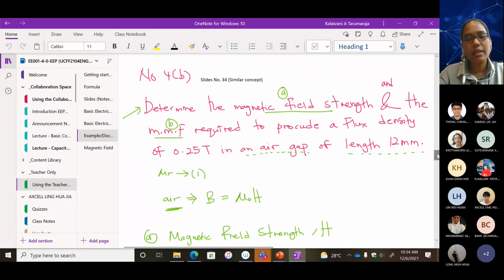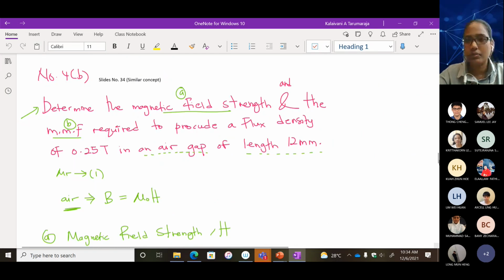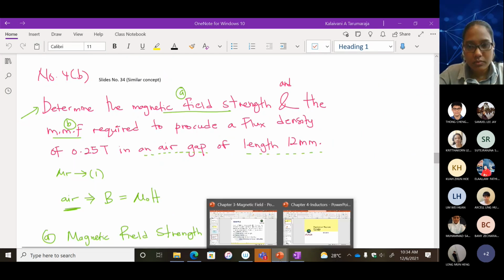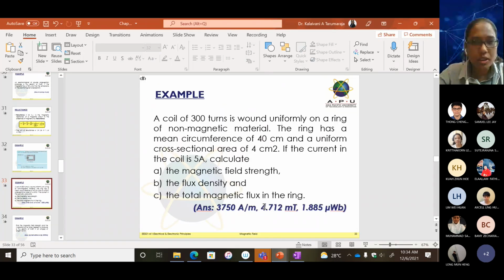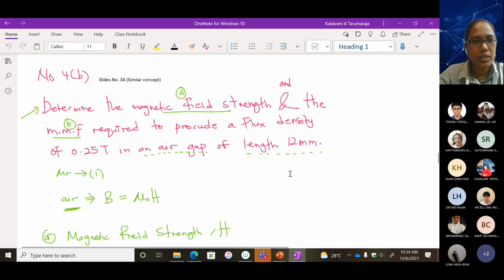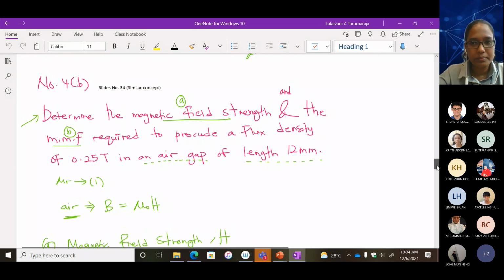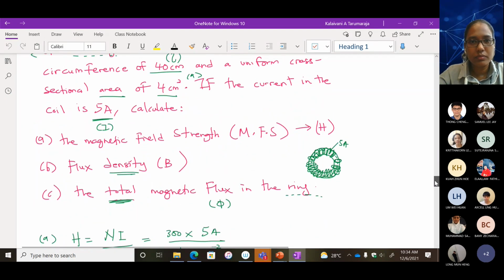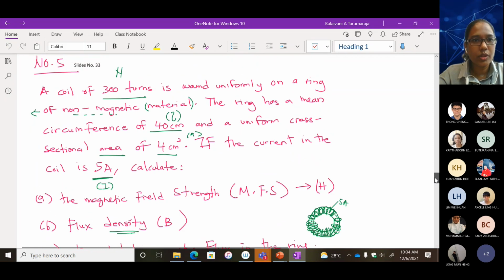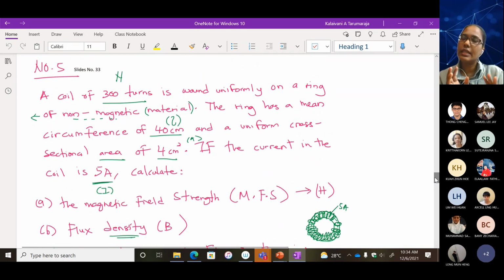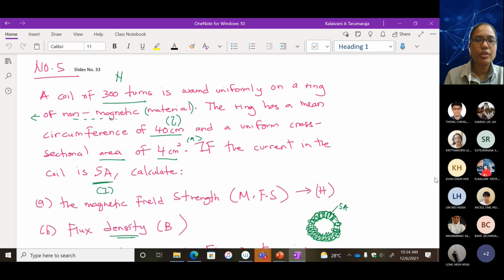It's similar to your slides, but maybe some of the values are changed. A coil of 300, oh, this is the next slide. Just have a look. Maybe you can see some differences in your OneNote, maybe the parameter values are changed, but the concept is the same concept. So right now just have a look at your OneNote.